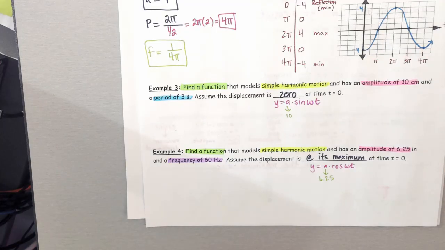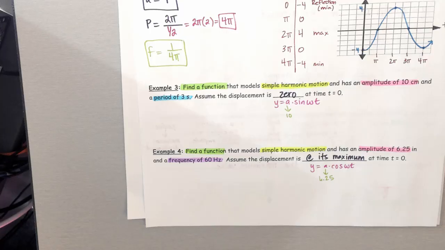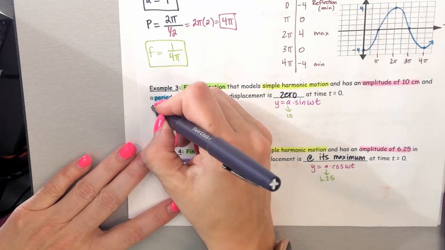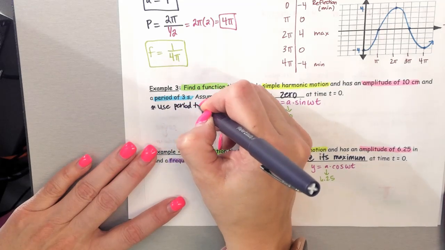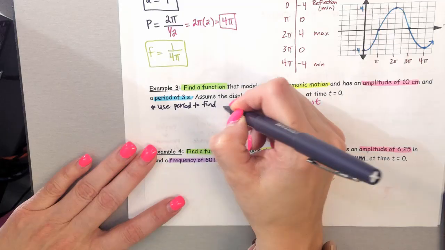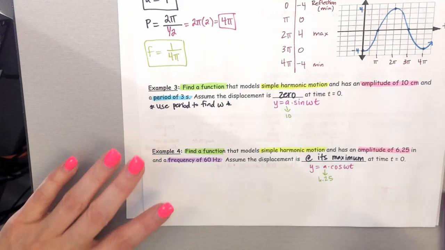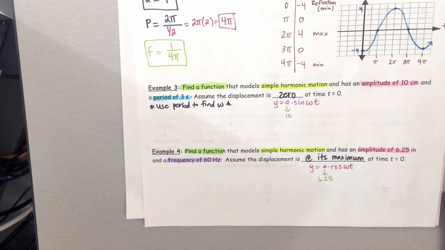In example 3, we are given the period, so that's what we're going to use to find omega. I want you to give that a try. Think about how you're going to use your period to find your omega.